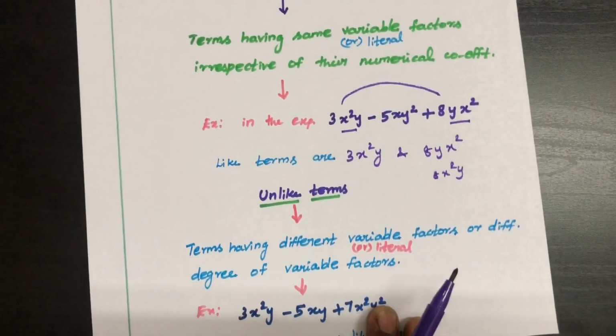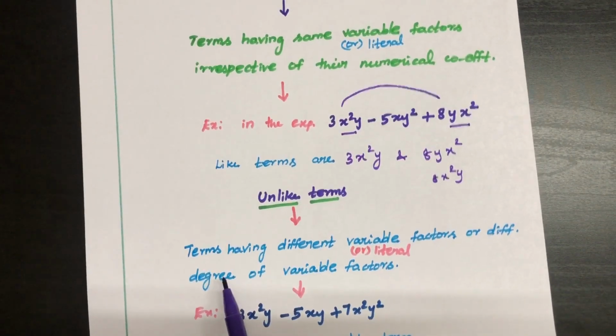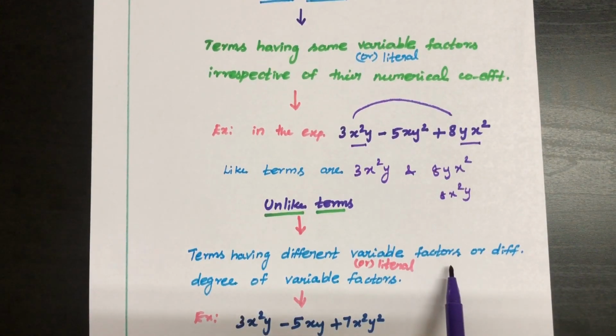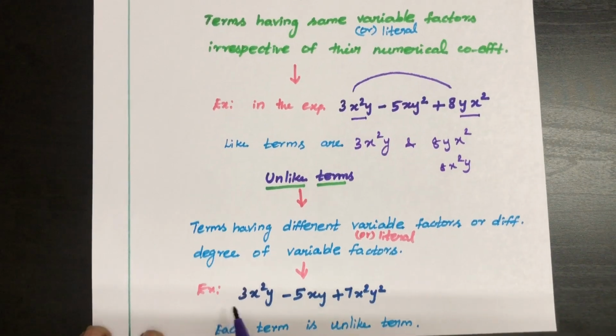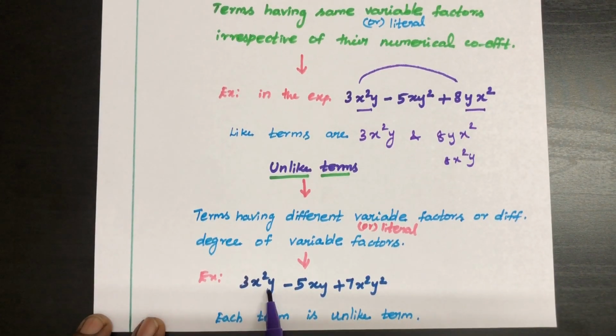That's all. Unlike terms: terms having different variable factors or different degrees of the variable factors. Degree also. Example, 3x square y minus 5xy plus 7x square y square. Leave the numbers, just see the variables alone.